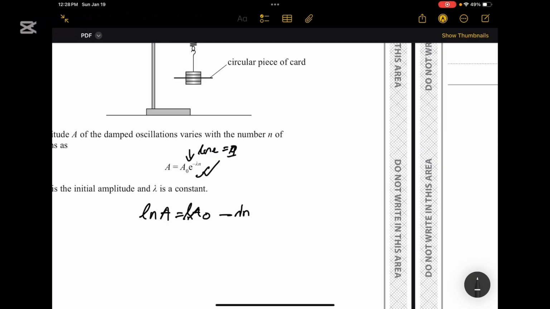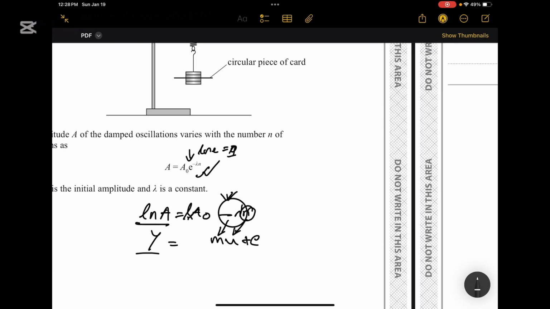So minus lambda n. So we can say y is equal to mx plus c, where minus lambda is our gradient, n is our x-axis, and ln A is our y-axis. So we have to draw a graph of ln A against n, and we have to calculate the gradient, which is minus lambda.